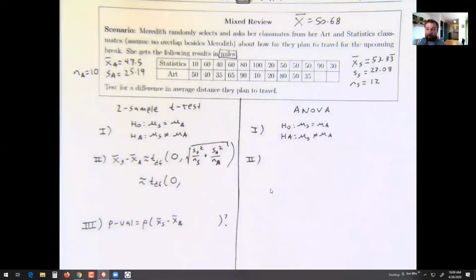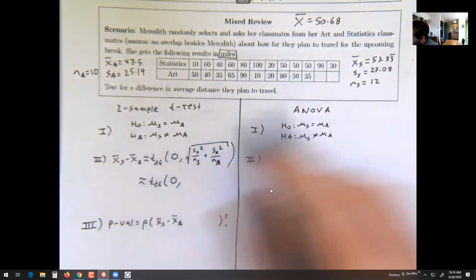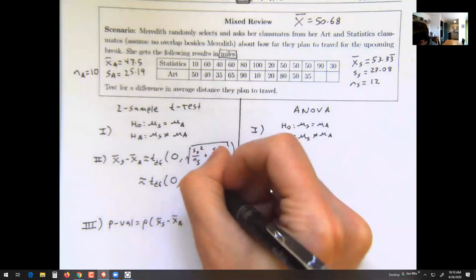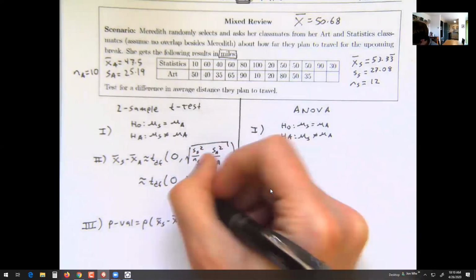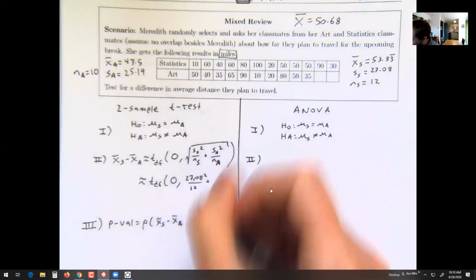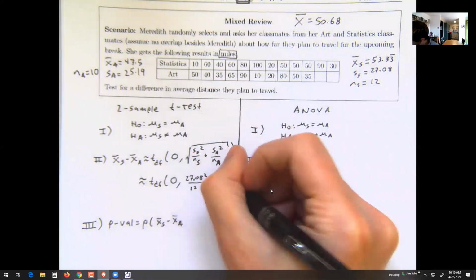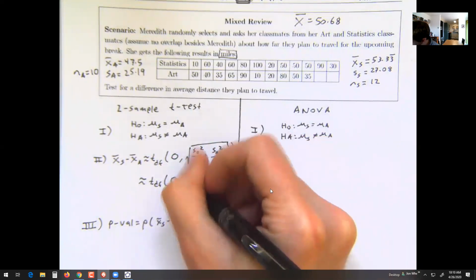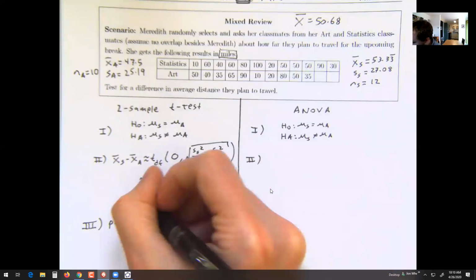There's a claimed difference of 0 between the groups. I think they're the same. I'm plugging in my standard deviation, 27.08 squared. That was for 12 samples. I'm plugging in my other standard deviation of 25.19 squared. That was for 10 samples. I'm square rooting that number.